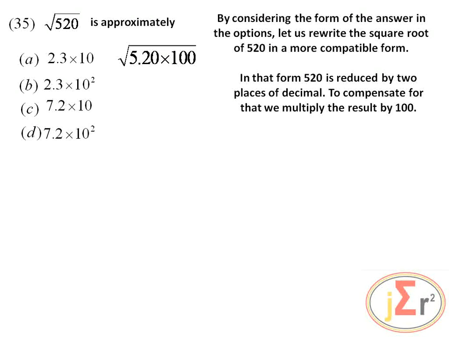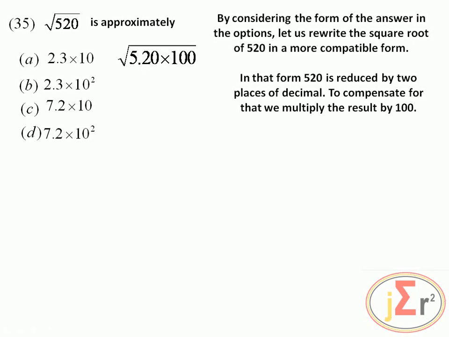In that form, 520 is reduced by 2 places of decimal. To compensate for that, we multiply the result by 100. So we reduce this by 2 places of decimal. We multiply this by 100 to compensate for the reduction by 2 places of decimal, which is of course similar to the process that we carry out when we are writing an expression in standard form.